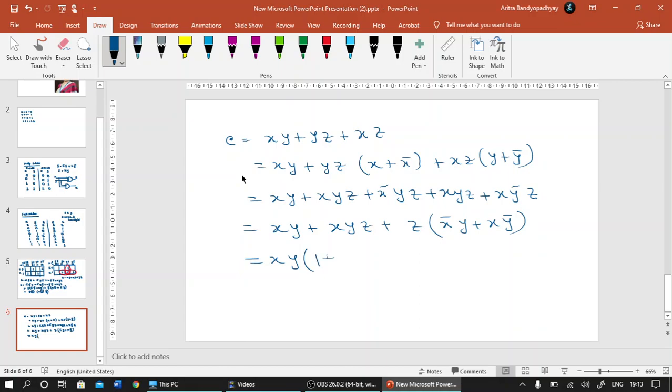Now if we want to implement this full adder circuit, we can draw the logic like this.